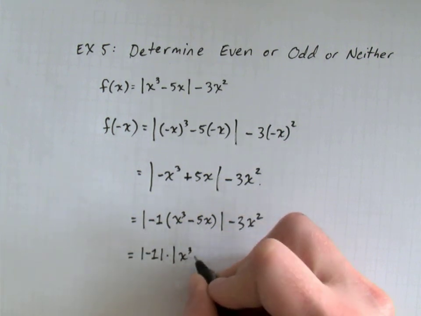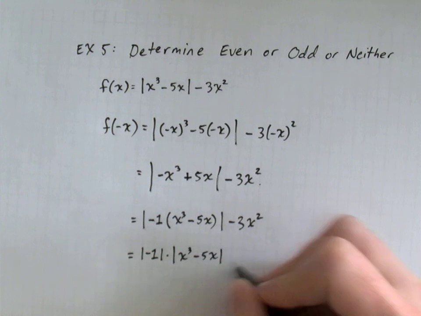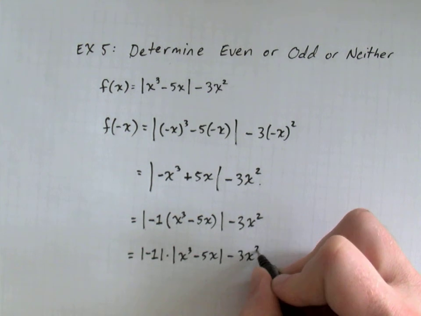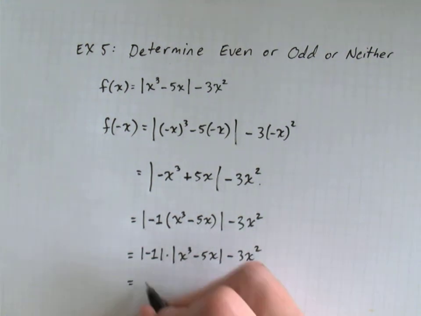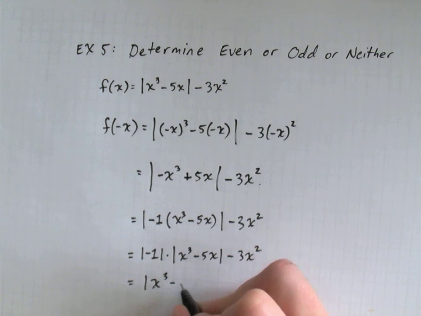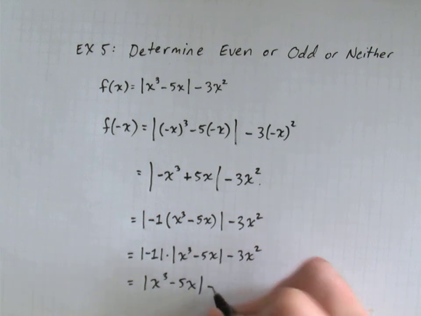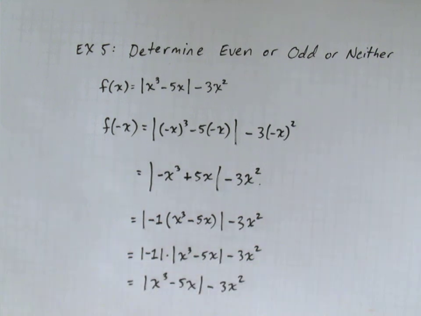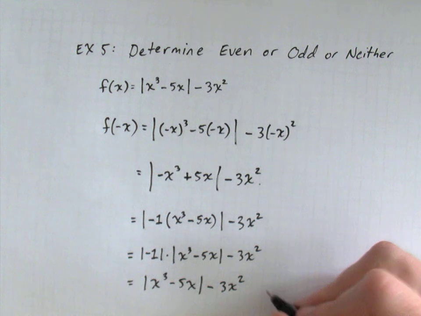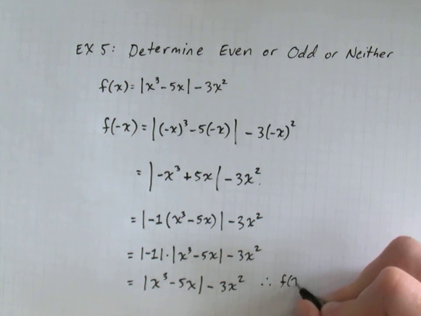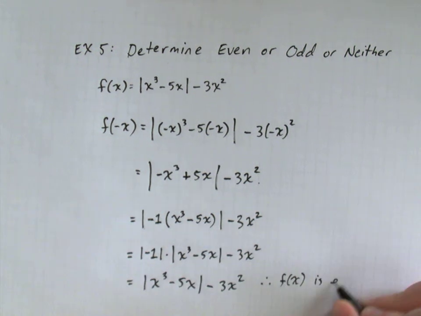Absolute value of x cubed minus 5x. And we know that the absolute value of negative 1 is just positive 1. So I'm back exactly where I started. And because I'm back exactly where I started, I can say the function is even.